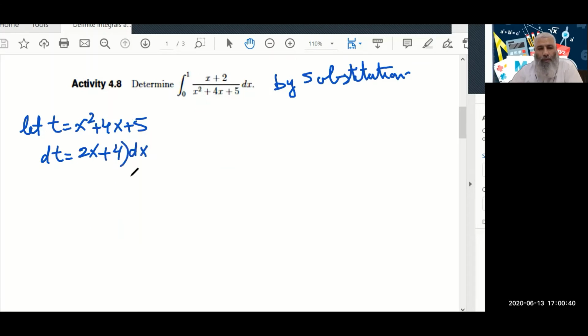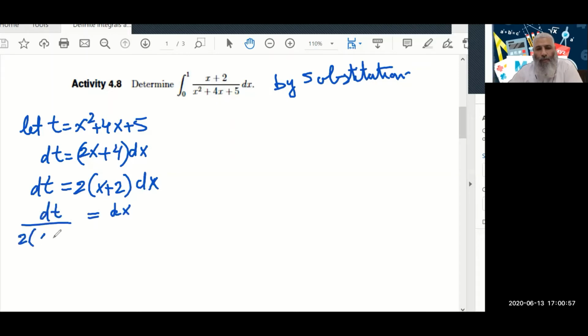So we take the common factor 2. This is 2 times x plus 2 dx. This is dt. So dx equals dt divided by 2 times x plus 2.